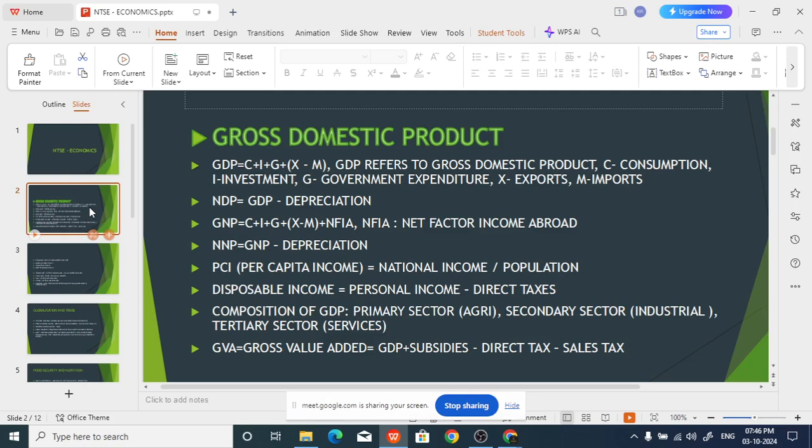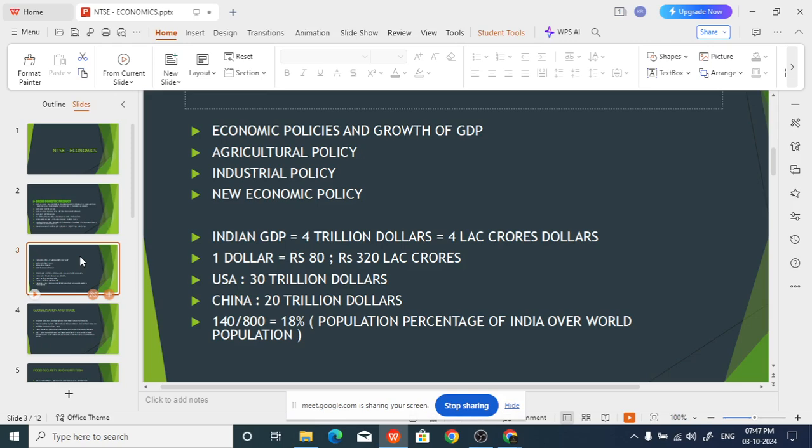Unfortunately, our per capita income is very small because our population is very big. For example, since Kavinaya and a couple of other people came late, I just wanted to tell you. See, for example, our GDP, Indian GDP, $4 trillion, 3.8 or 4, we'll keep it as 4. It means 4 lakh crore dollars. It means 320 lakh crores in rupees.